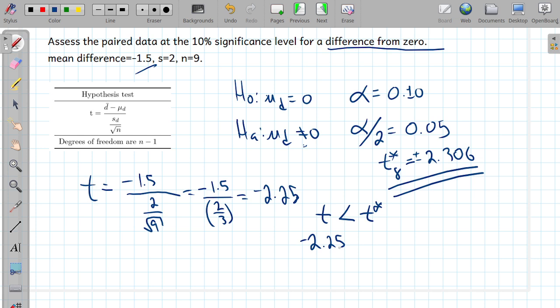When you move to the left in negative land, this changes. That's why I don't like doing it this way. Oftentimes for folks that are less than comfortable with negative numbers, this gets kind of messy. But the point is, our obtained t isn't as negative as the critical t.